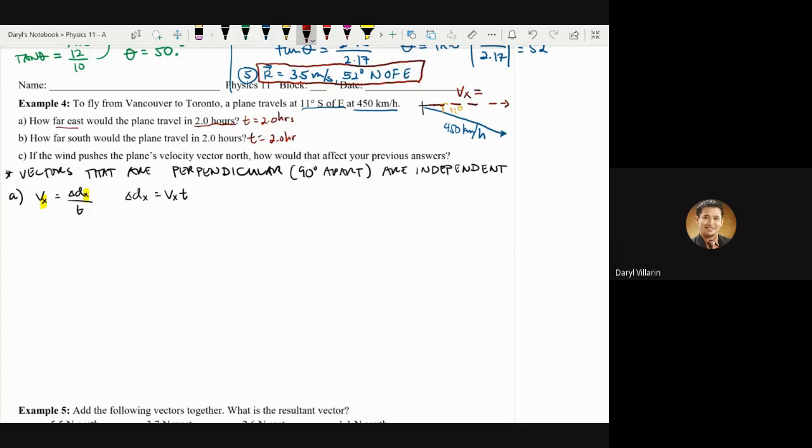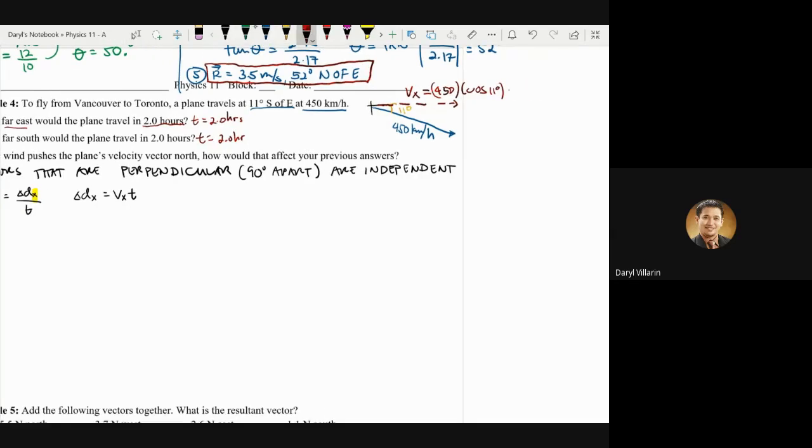That is equivalent to 450 times cosine of 11 degrees, which gives you 442 kilometers per hour east. And the y component is this one here, my Vy, which is 450 multiplied by sine of 11 degrees.